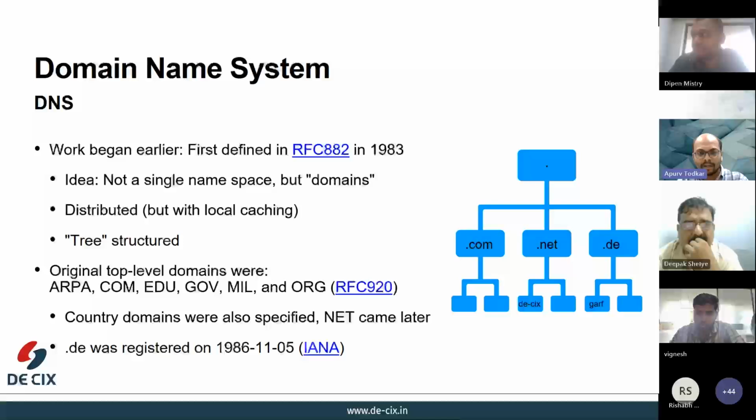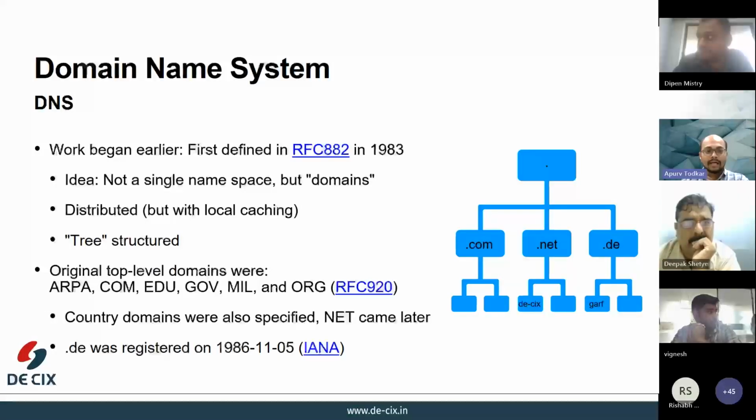The original top level domains that we had were arpa, .com, .edu, .gov, .mil, .org, and from this you can see who sponsored the development of those domains at that point of time. For instance, .mil represented the military at that time. Country domains are also there, like .de for Germany and .uk for the United Kingdom.